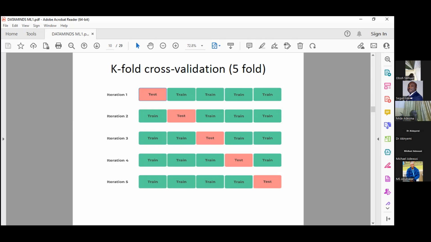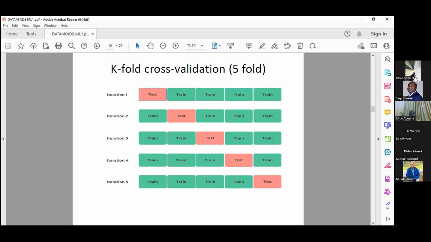Now in the next iteration, you leave the first fold, go to the second fold, and test on the second one. In the third iteration, test on the third one, till you get to the last fold. By this approach, it is less bias prone because every data point is subjected to cross-validation.